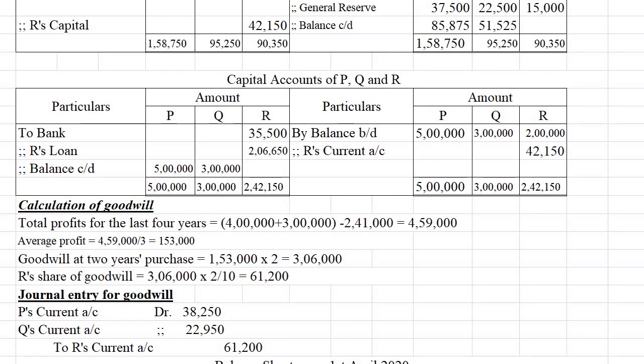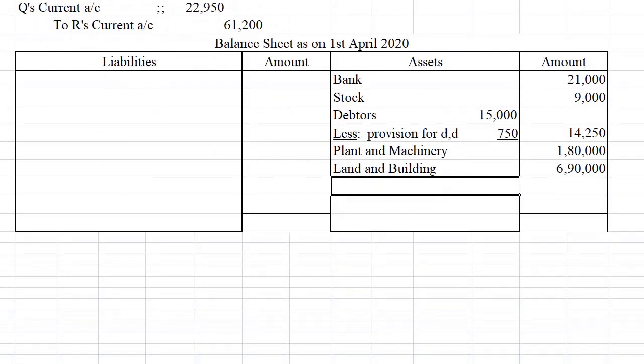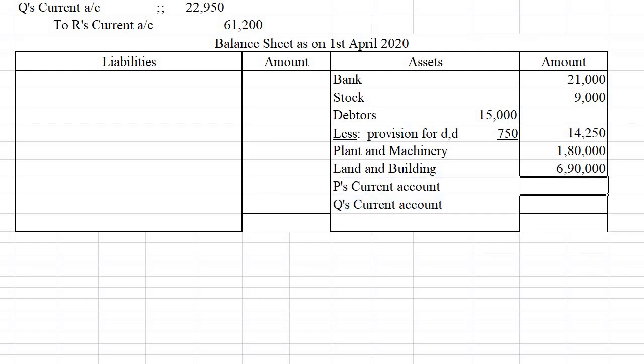Current account for P and Q, we have got the credit balance. Okay, so that amount we have to write here. That means they have to bring this much money to the firm. So P's current account and Q's current account, we have to write their current account balances. Profit and loss debit balance was there, that we have shared, so no need to write that again here.